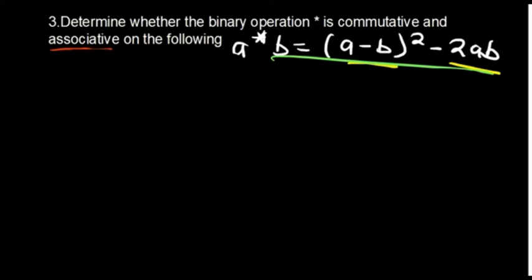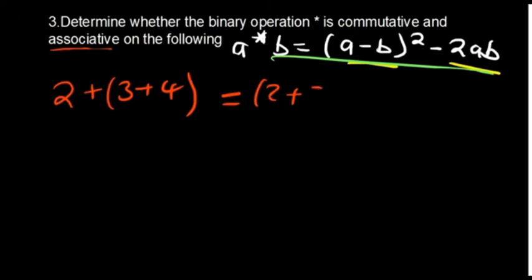There are cases where I've talked about addition being associative. If you say 2 plus, maybe, 3 plus 4, this is supposed to be equivalent to 2 plus 3, then plus 4.